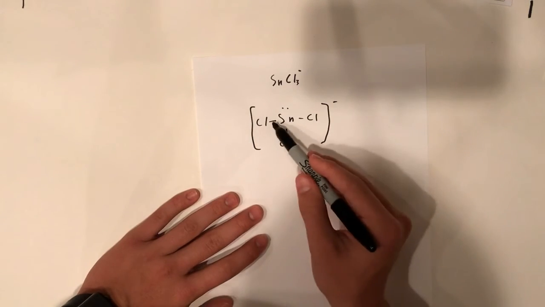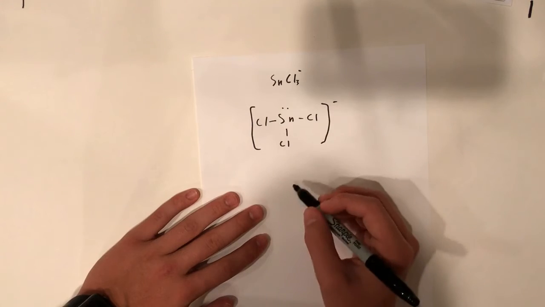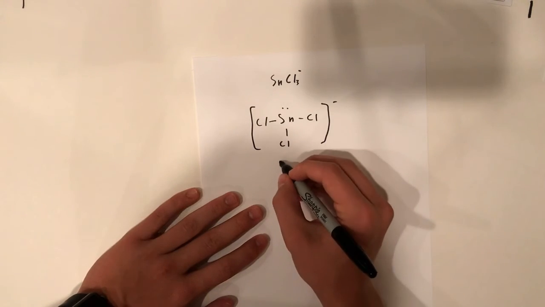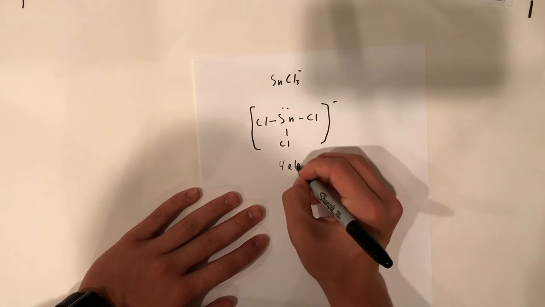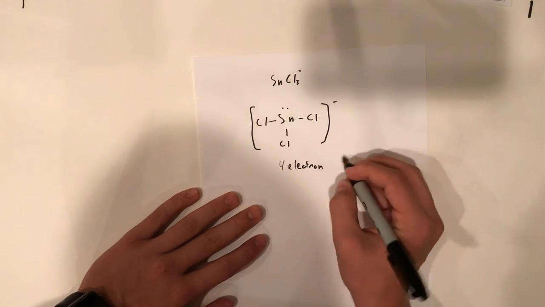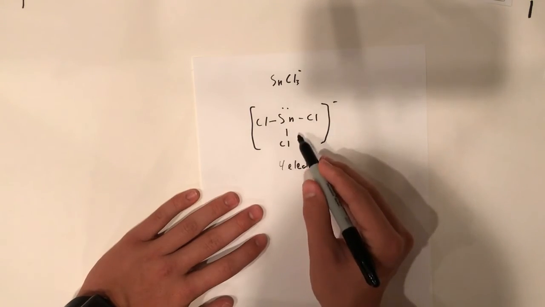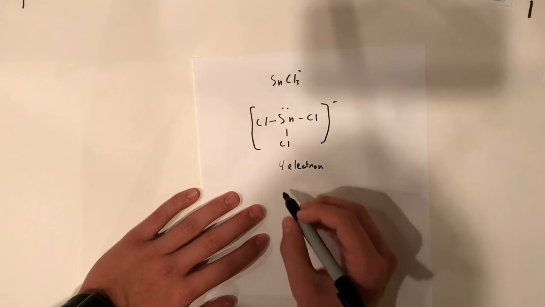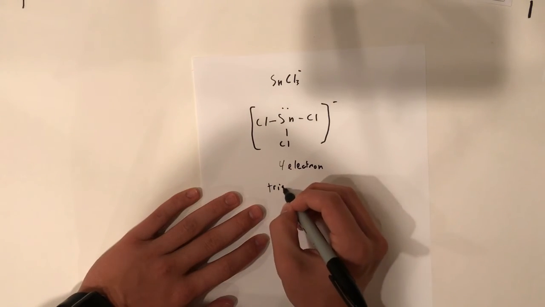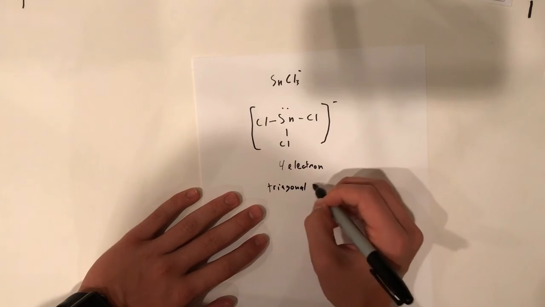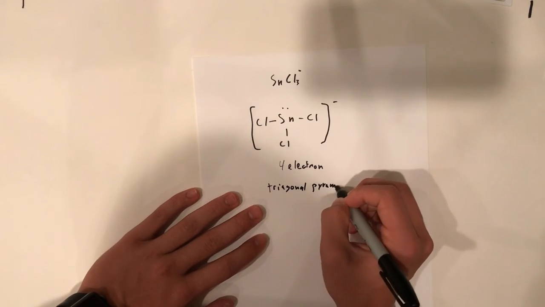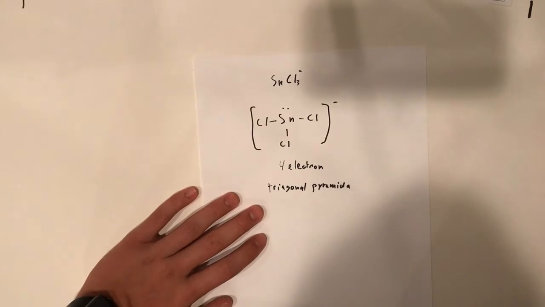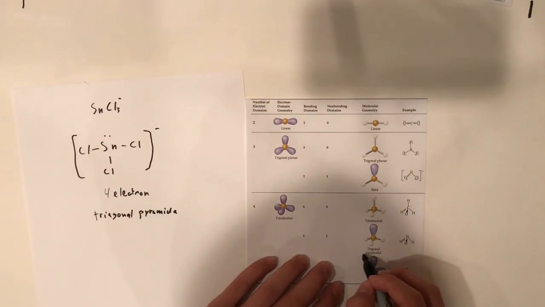So we know that it has 3 bonding domains and 1 non-bonding domain, totaling 4 electron domains. And with 3 bonding and 1 non-bonding, we know that the shape is trigonal pyramidal, which we can see in our chart right here.